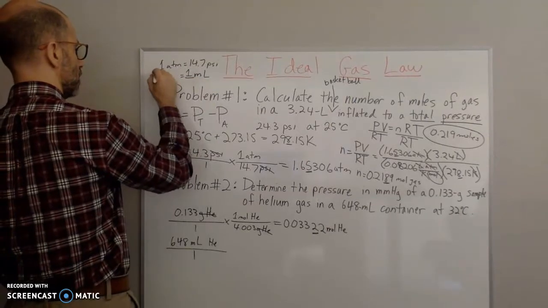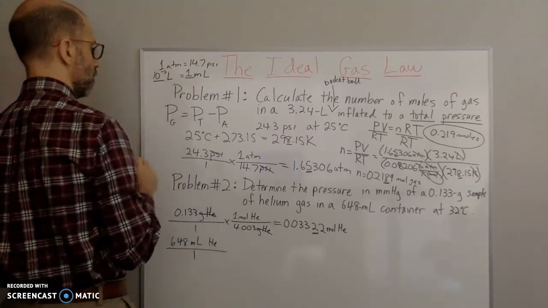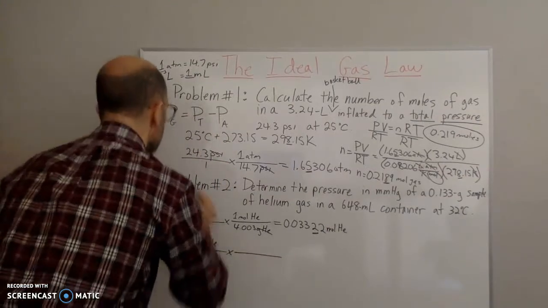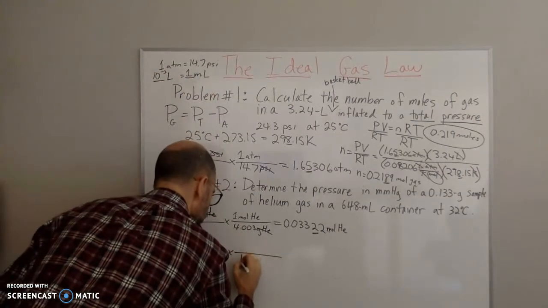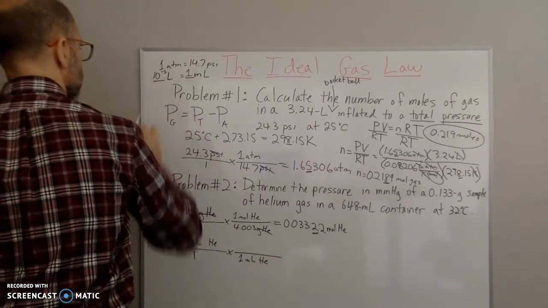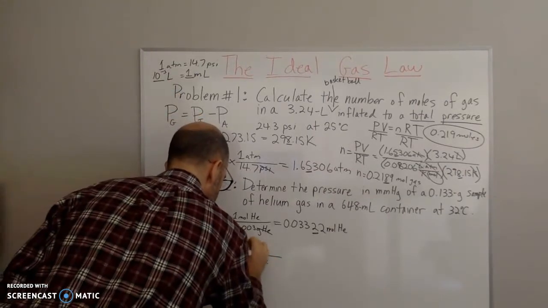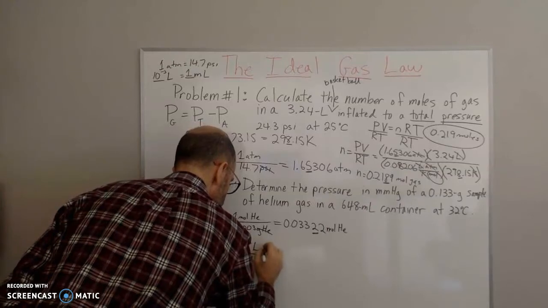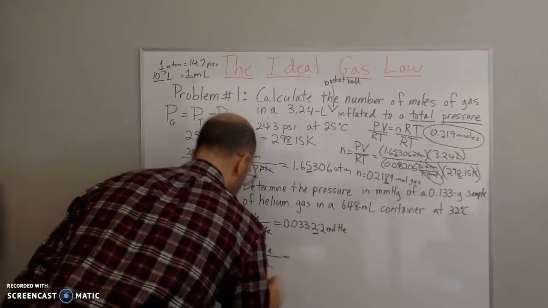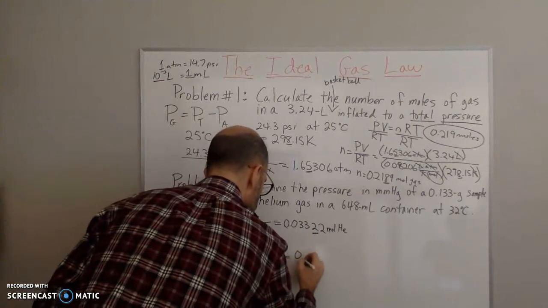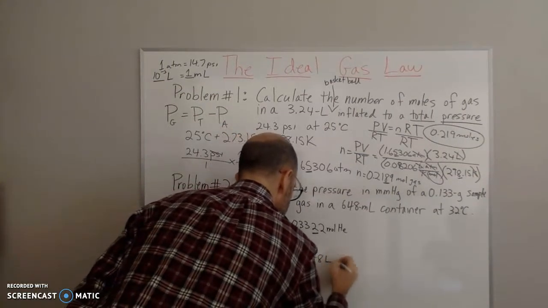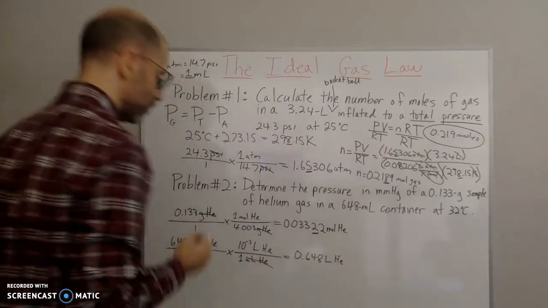So milli is 10 to the negative 3. So now I'm going to put 1 milliliter of the helium gas on the bottom, and then 10 to the negative 3 liters of helium on top, so milliliters cancels out, and then I get 0.648 liters of the helium.